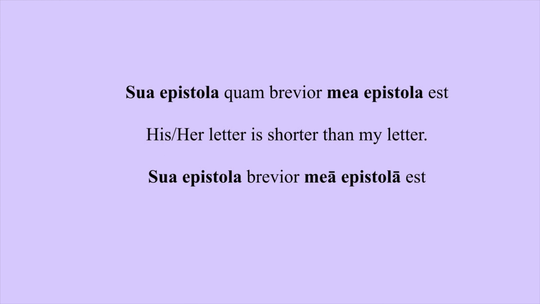So we still have the subject in the nominative, but here, instead of having the thing that's being compared to, my letter, in the nominative, we're going to put it in the ablative. No use of quam, just the thing being compared in the ablative. Sua epistola brevior, mea epistola est. Right? So really the same sentence, but said in two different ways.